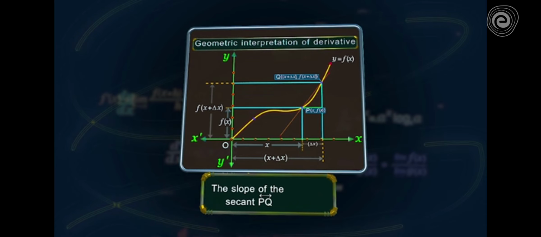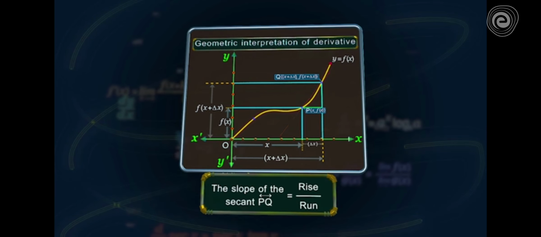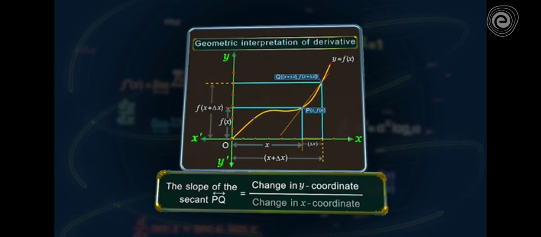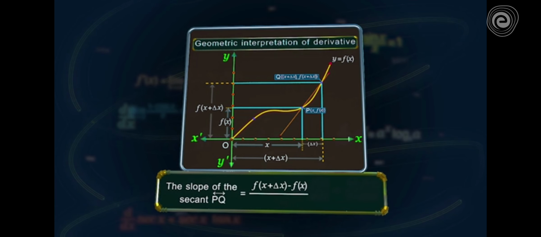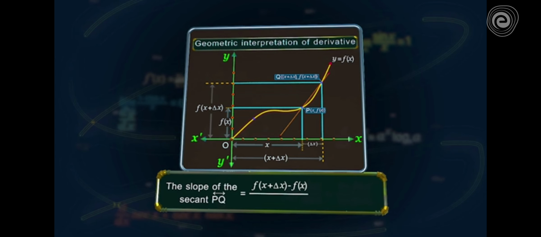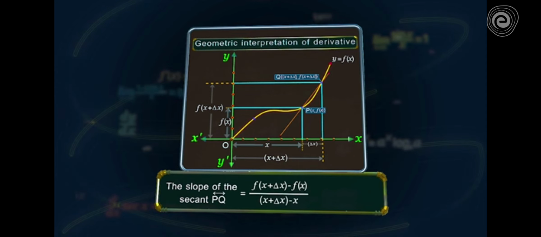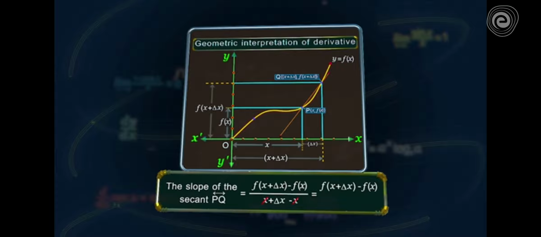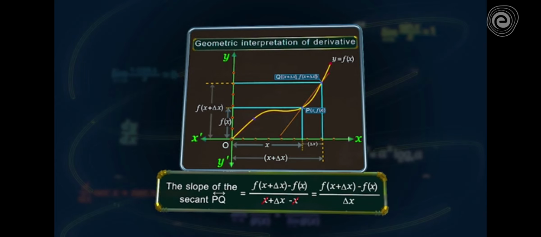The slope of the secant line PQ is equal to rise over run is equal to change in y-coordinate over change in x-coordinate is equal to f of x plus delta x minus f of x over x plus delta x minus x is equal to f of x plus delta x minus f of x over delta x.